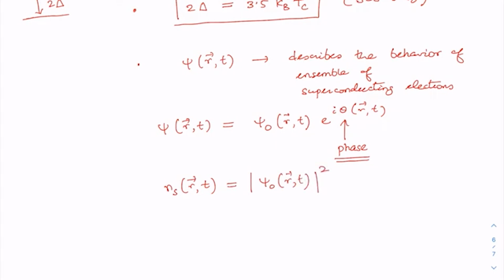So this gives the local density of superconducting electrons. This is what we have from the theory.